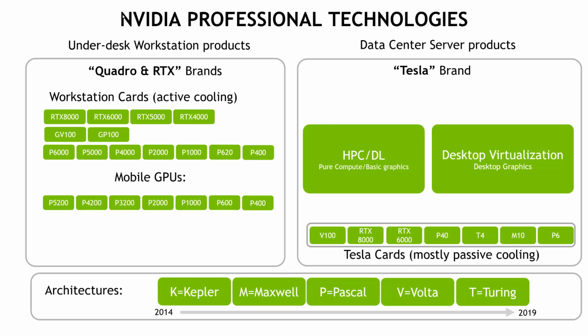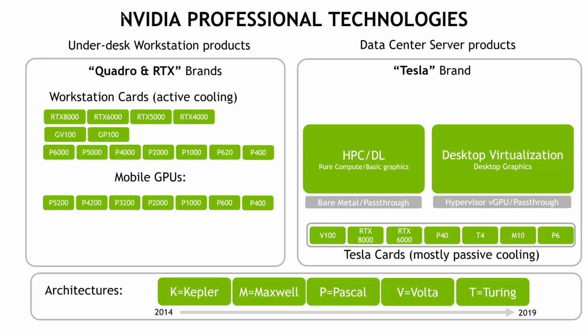Now, we're going to be concentrating on the right-hand side of this diagram for the remainder of this webinar. And really, we have two main areas where you would use Tesla cards. On the left of there, we have high performance computing and deep learning. People will typically be running this in a bare metal environment or maybe via GPU pass-through technology. So they'll be dedicating whole cards to individual workloads, probably running on some sort of Linux workload as well.